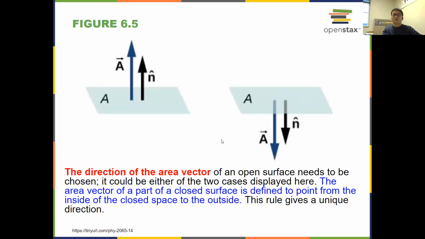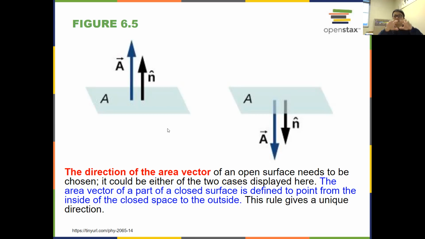For a particular surface, you can think about two normal directions. On one side of the surface, the normal direction points one way, and on the other side it points the other way. So there are actually two directions for the vector A. When you are calculating electric flux, if you have an enclosed surface, then the area vector points from the inside to the outside of the surface.